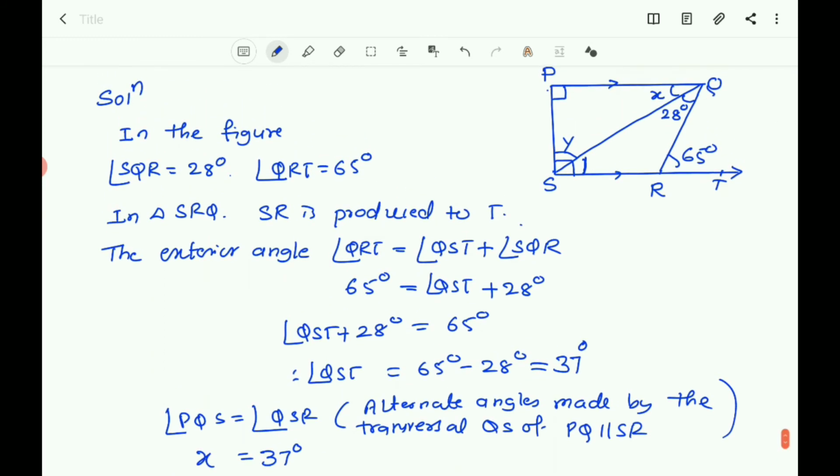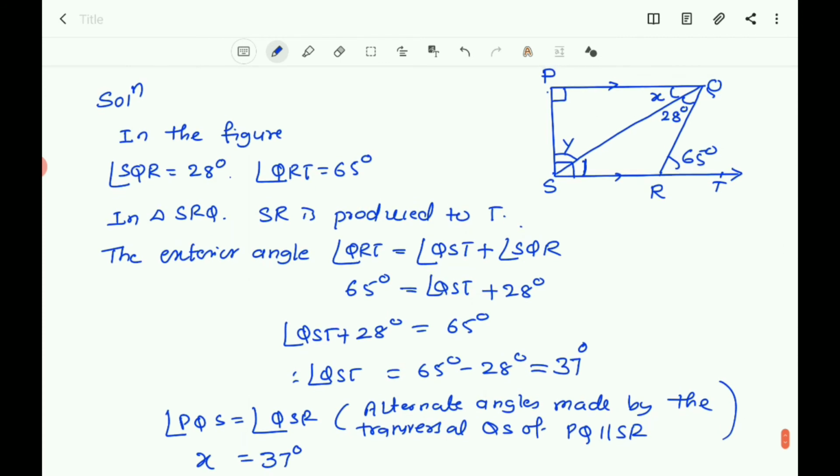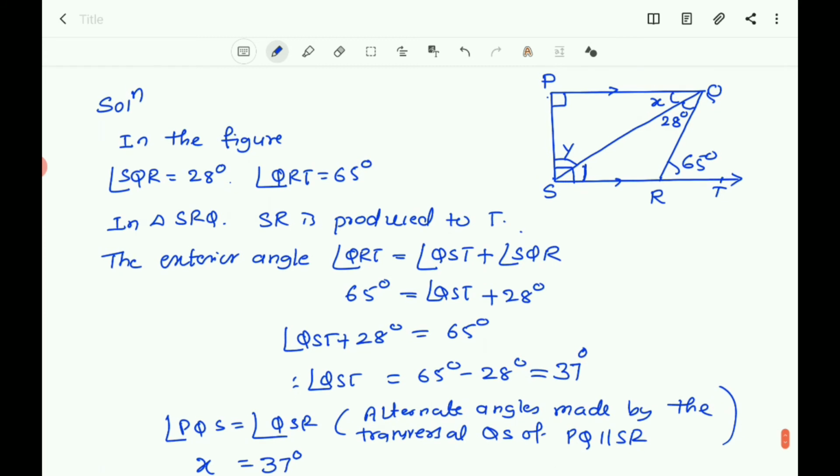Next, you will get y here. You know that angle PSR is equal to 90 degrees. Why is it 90 degrees? Because angle P and angle PSR are interior angles on the same side of the transversal PS of parallel lines PQ and SR. Here PS is one more transversal, and this is 90, so this must be 90 because they are the interior angles on the same side of the transversal.